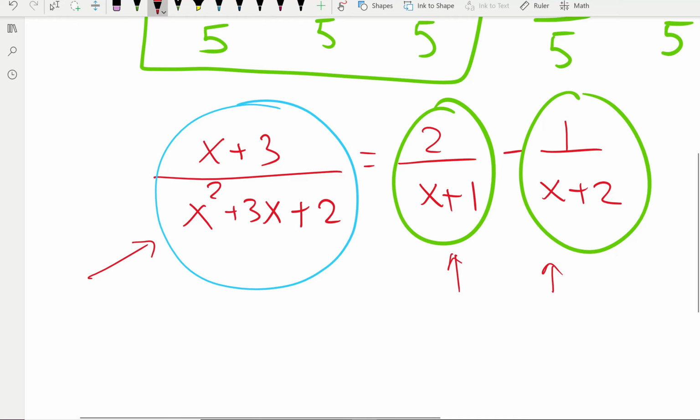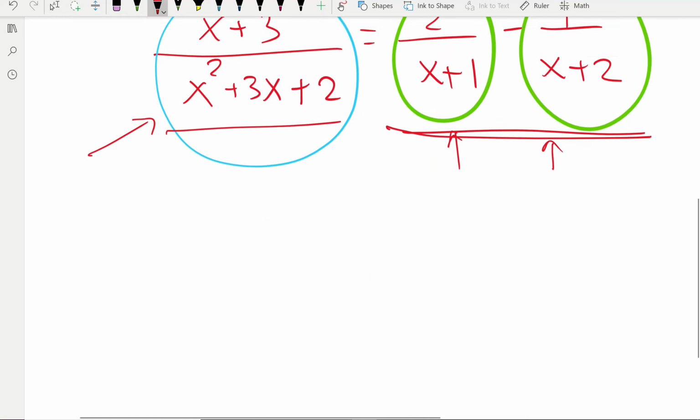So that's the whole idea of partial fraction decomposition. Rather than dealing with this big complicated fraction, we deal with its new version, where we only have simpler fractions. But the combination of these simpler fractions still represents that big complicated fraction, okay?